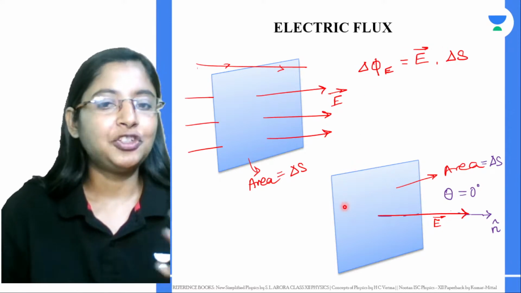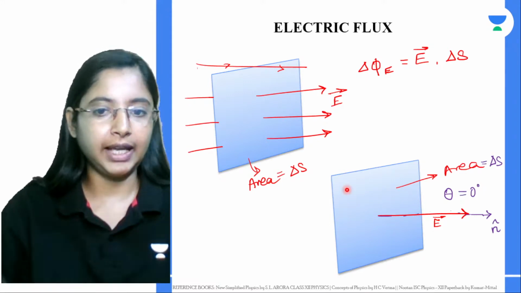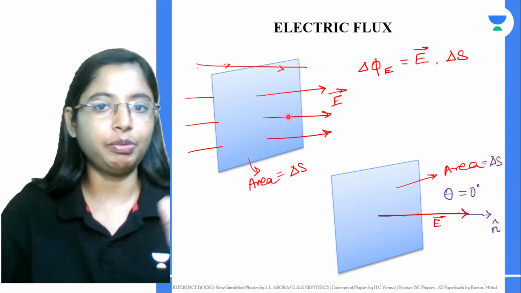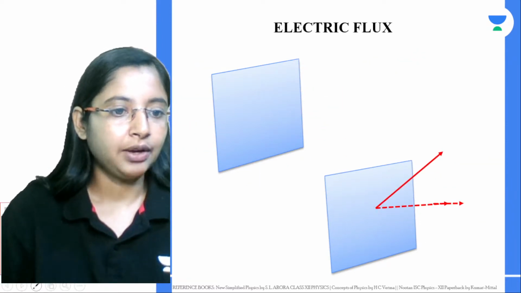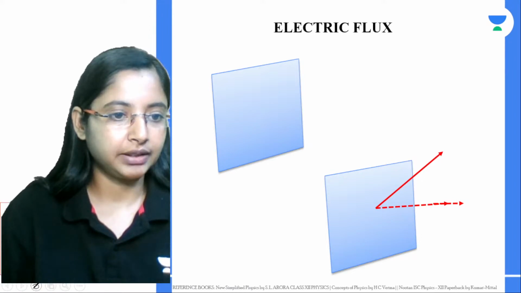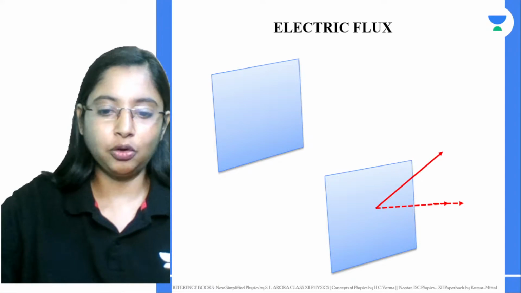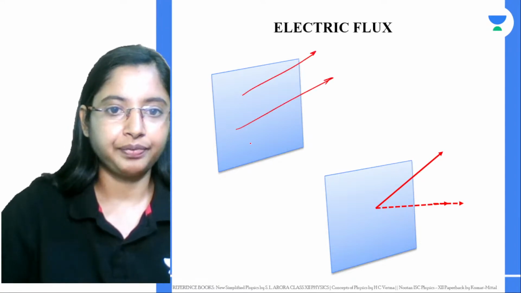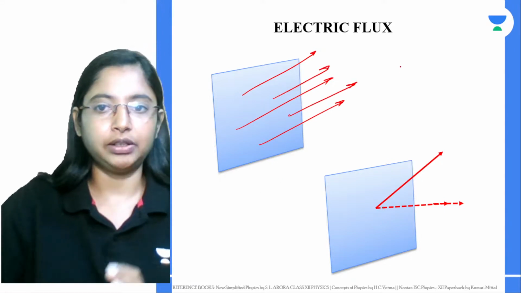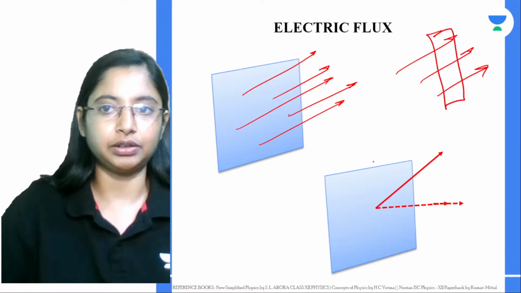But generally, not all the time will the area that you're placing in an electric field be perpendicular to the field lines. Sometimes you will come across situations where the electric field lines are going in this direction, and you're placing the area into it.